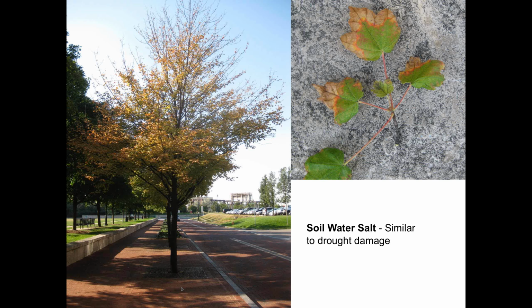Essentially, the outer leaves dying first because you just can't get the water up there, and this very classic margin edge burn that you would see in drought or with the salt affecting the tree.